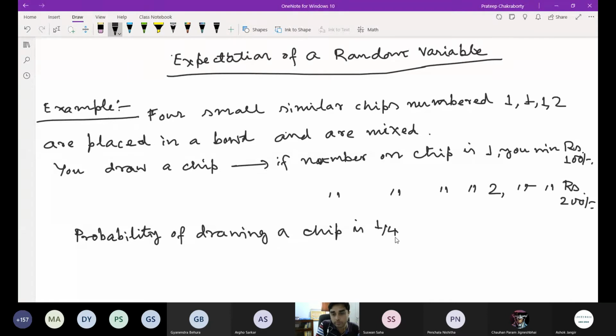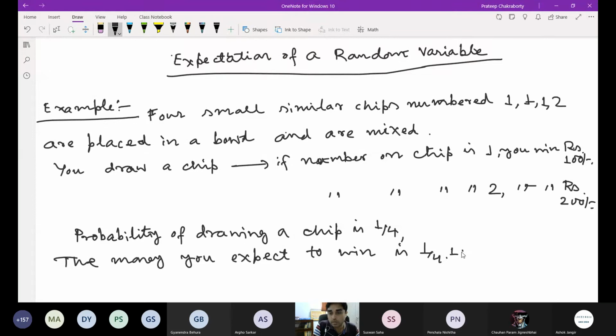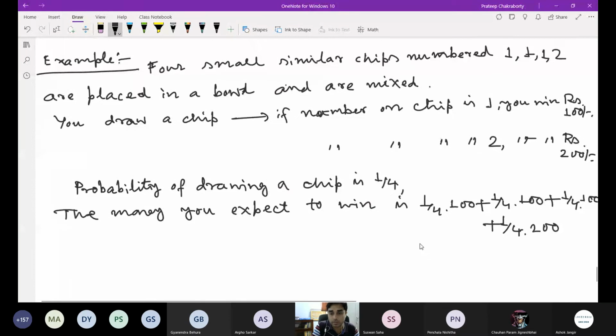So the amount of money you expect to win is 1/4 into 100 plus 1/4 into 100 plus 1/4 into 100 plus 1/4 into 200, which is 500/4, which is 125.